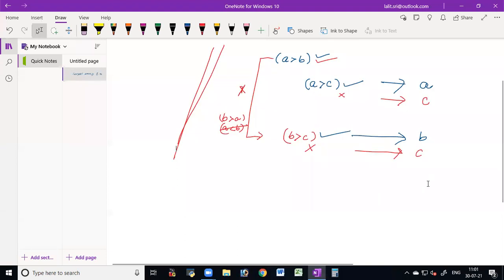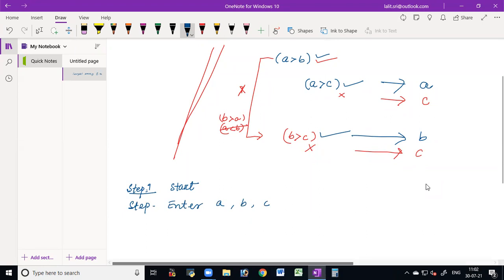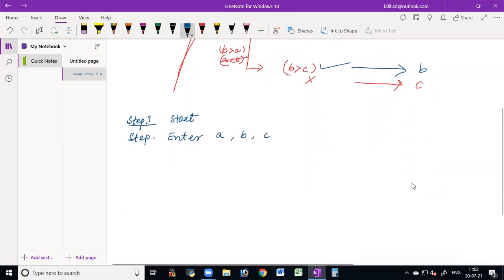So here, how many inputs are there? 3. Very good. Step number 1, start. Step 2, you have to enter the three numbers, three integers, A, B, C. Clear? Then in step number 3, you have to check what?